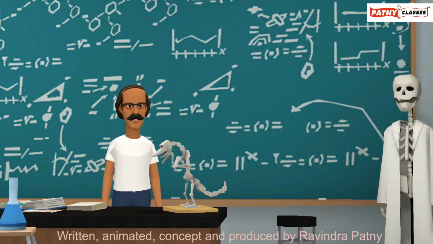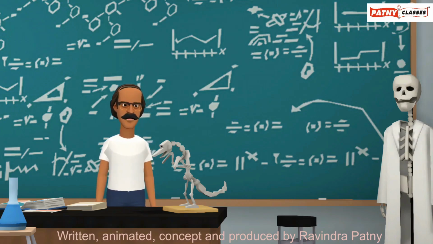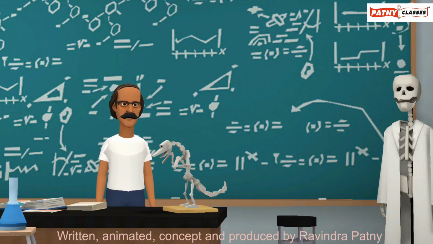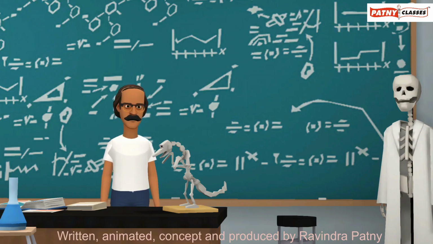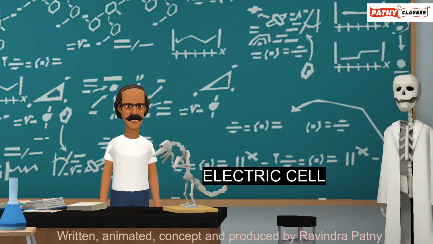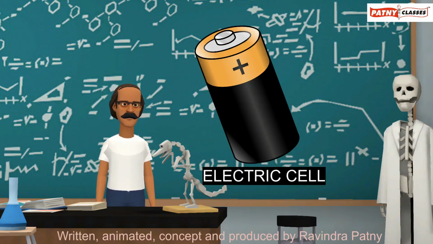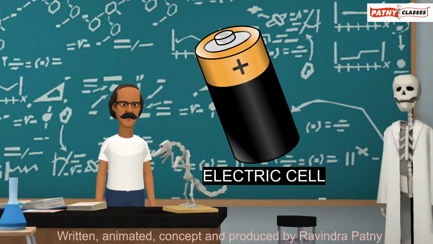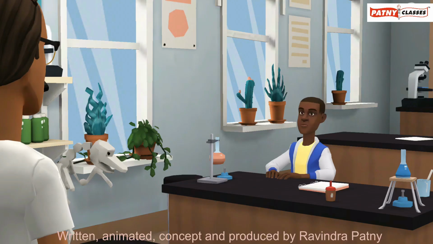They can move inside the metal strip due to acquired thermal energy, but they cannot move outside the strip because the thermal energy is not sufficient. To make them go out of the metal strip and to maintain a continuous flow of electrons, we require an electric cell.